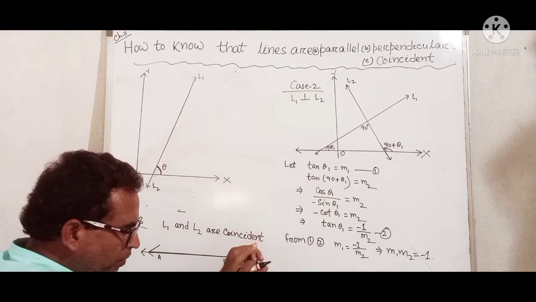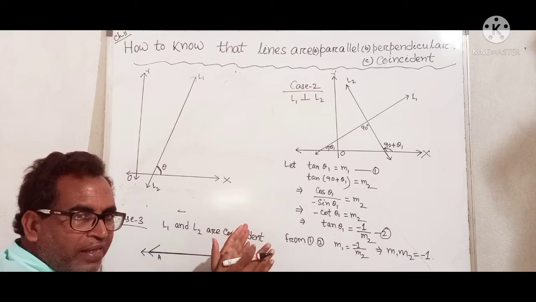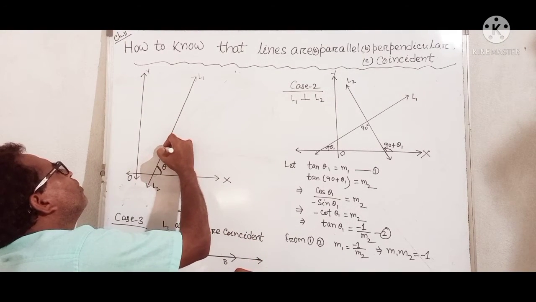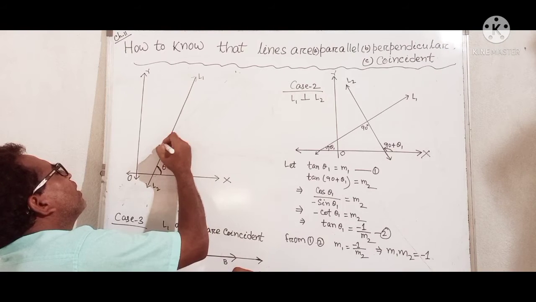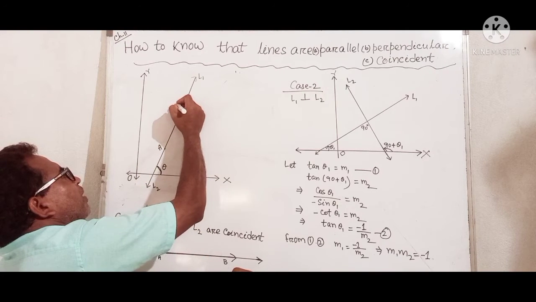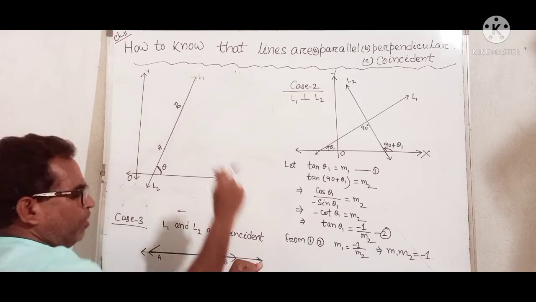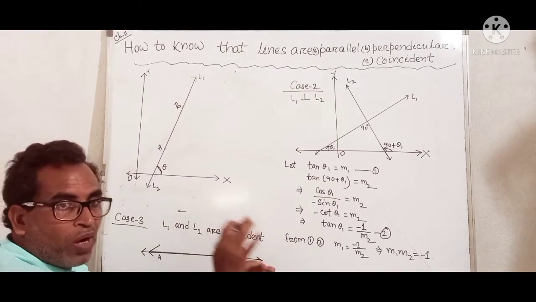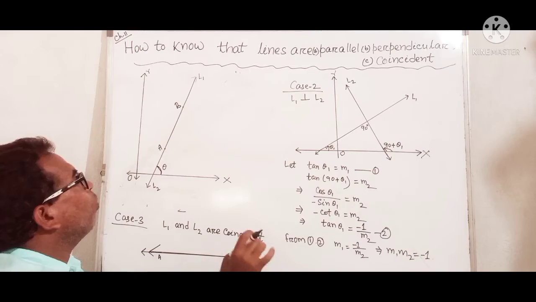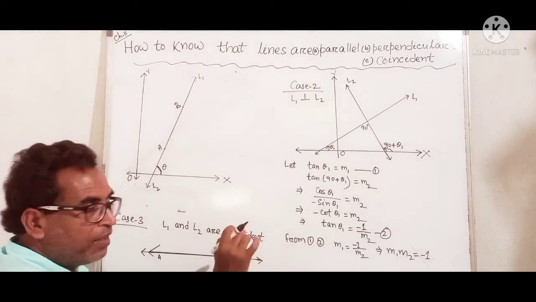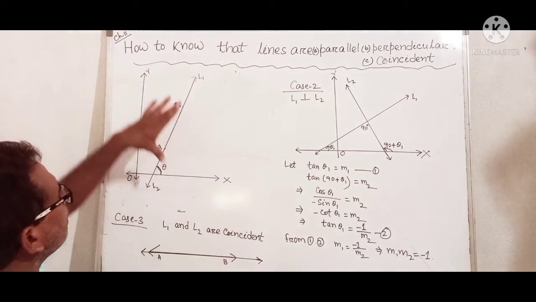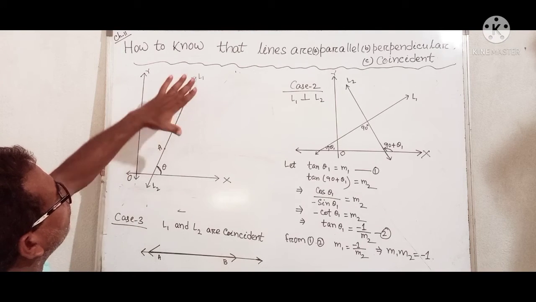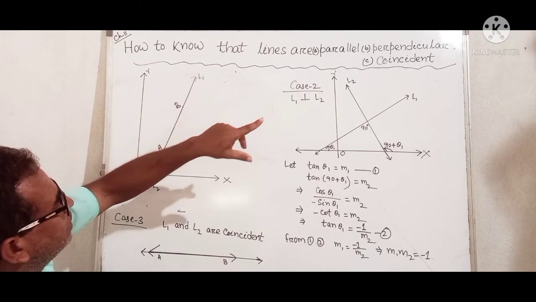You know, between any 2 points, let's say here A and here B, we can draw one and only one straight line connecting the 2 points. So we say the two lines are coincident.